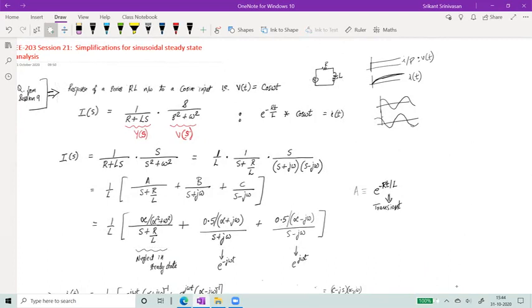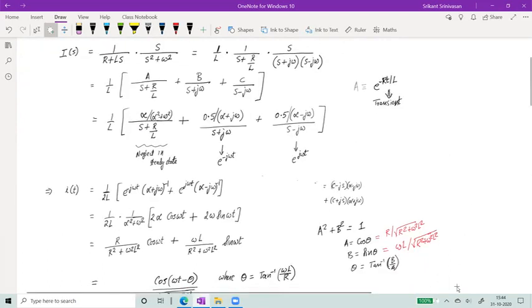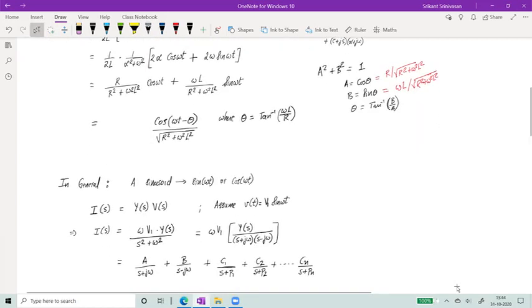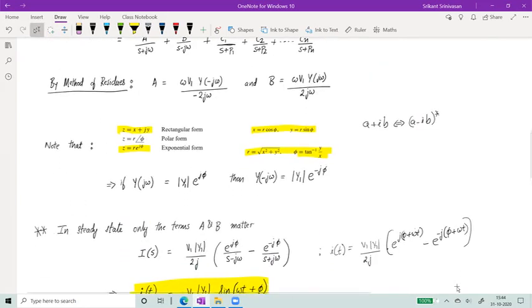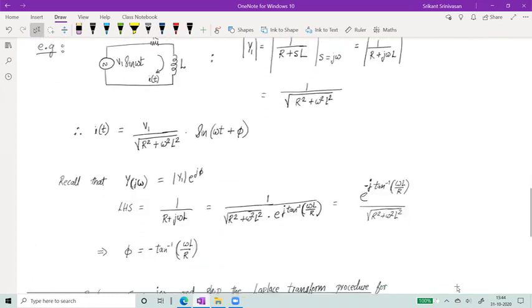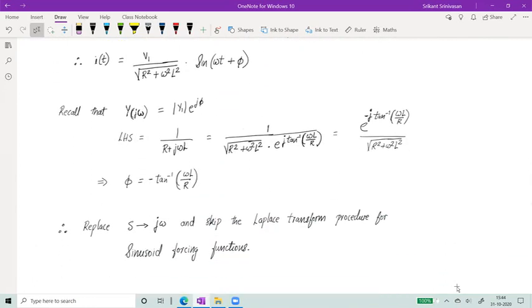We said you can either use convolution or the method of residues, all of this. But for sinusoidal steady state analysis, you can bypass all that procedure. The conclusion is that for sinusoidal forcing functions, all you need to do is replace s with j omega and skip the Laplace transform procedure, so that your calculation becomes much faster.